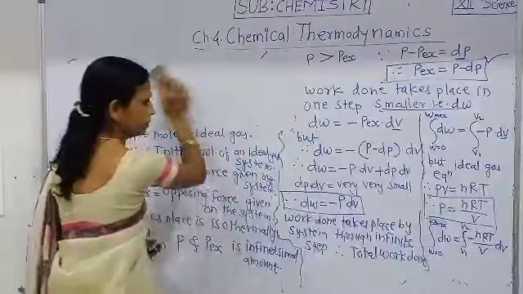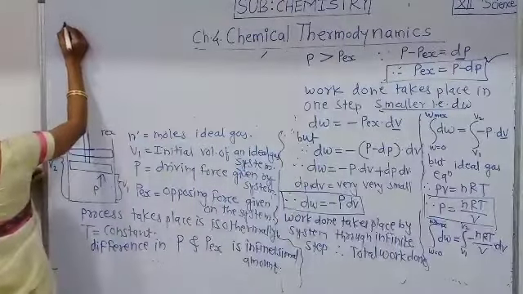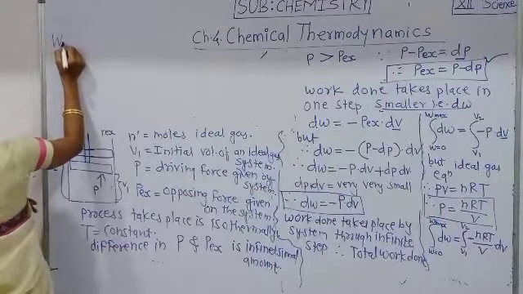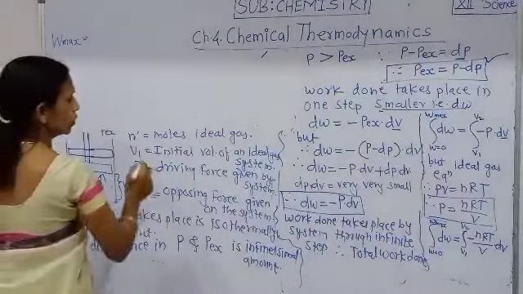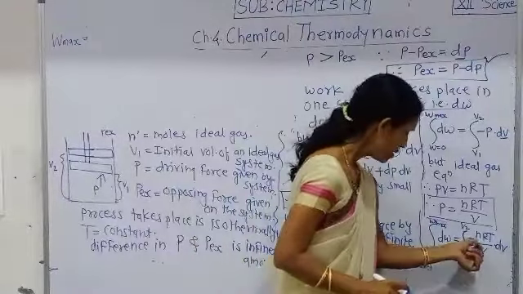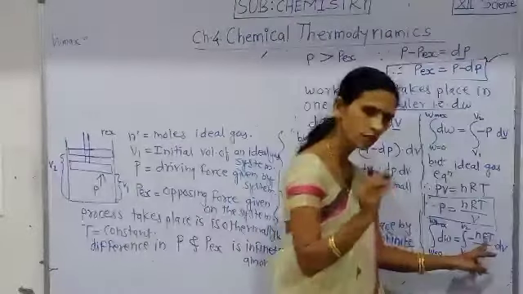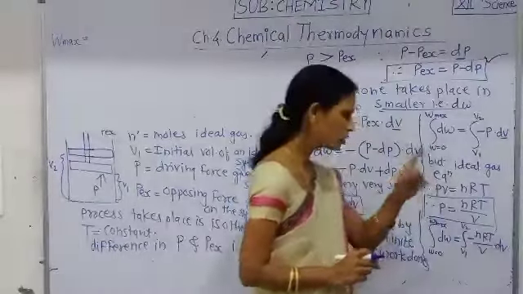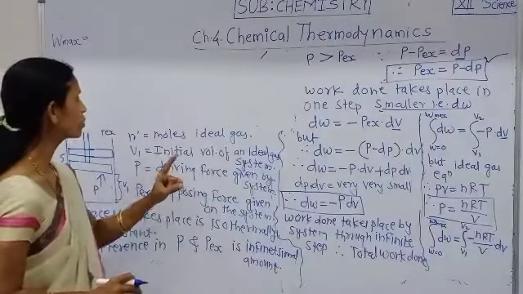Therefore we get W max is equal to, see here at the right hand side, n is the number of moles of gas which is a constant, R is the gas constant, and T is also constant because this process takes place isothermally.